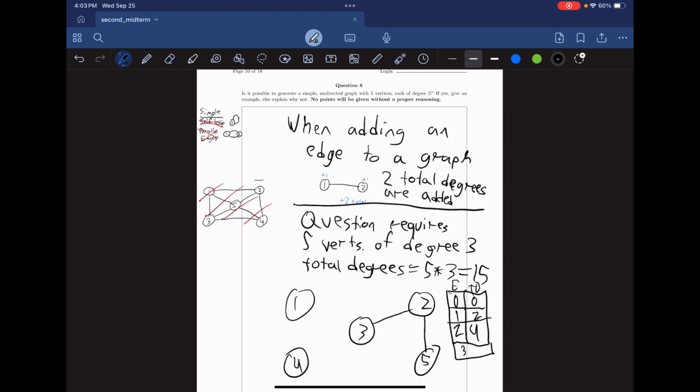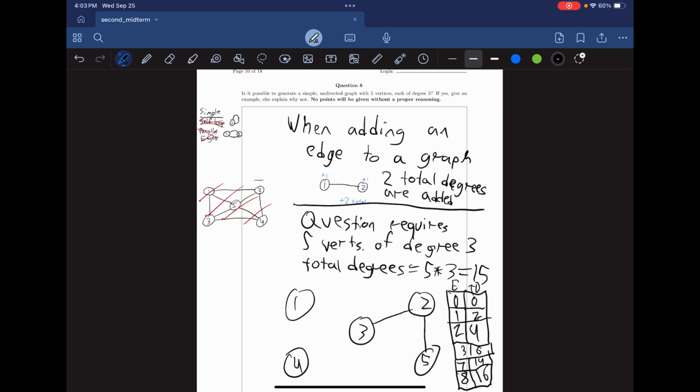Eventually we'll find that I'm going to skip ahead a few numbers, at 7 edges we have 14 total degrees. But at 8 edges, we have 16 total degrees. This shouldn't be a surprise. Every time that we increase our number of edges, we increase our total degrees by 2. So the total degrees is 2 times the number of edges.